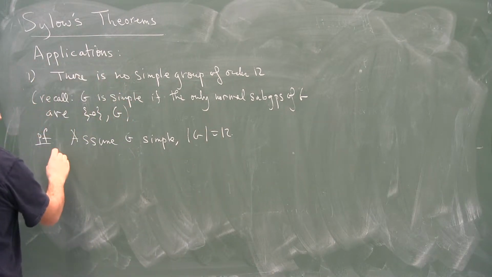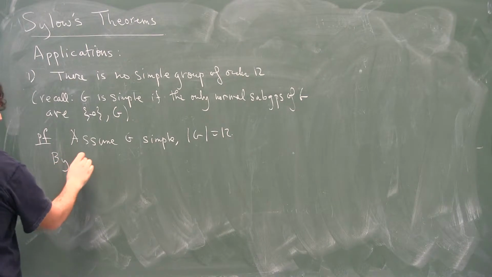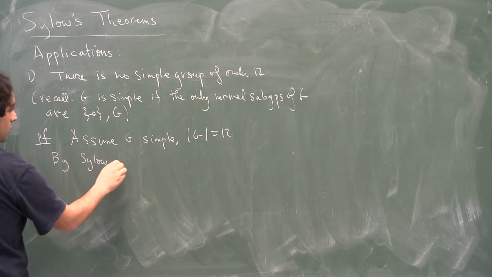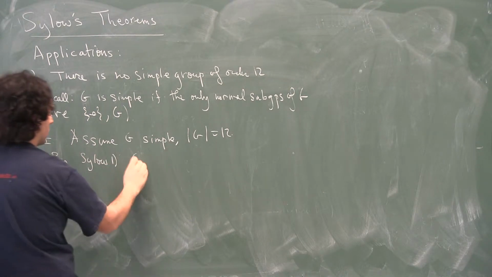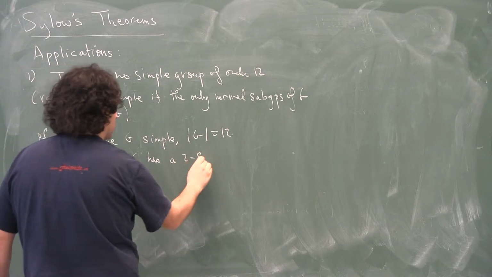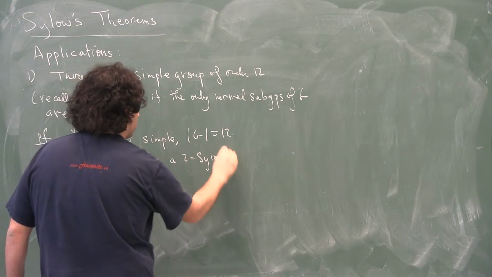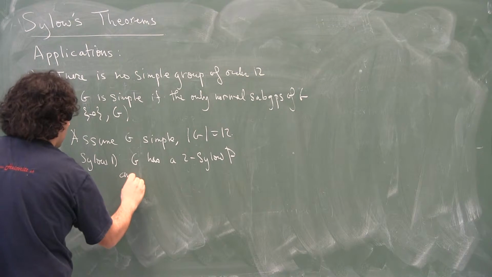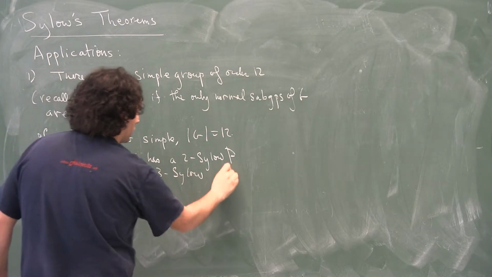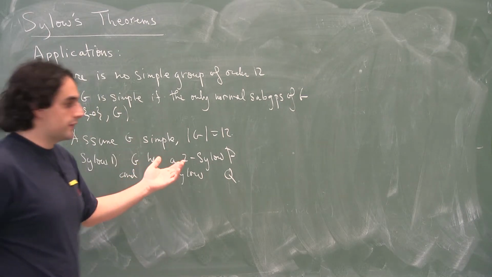By Sylow 1, G has a 2 Sylow P and a 3 Sylow Q. Now what can we say about these?